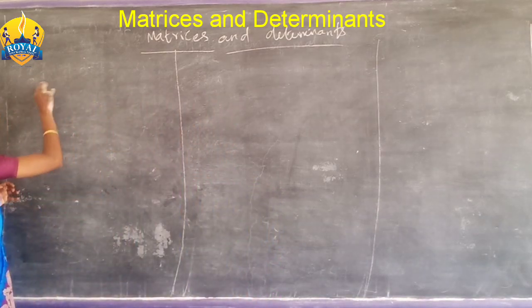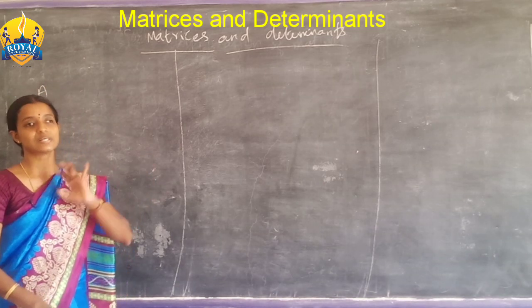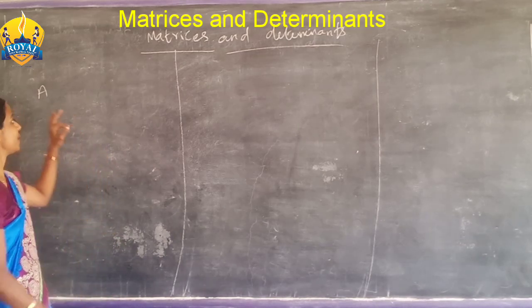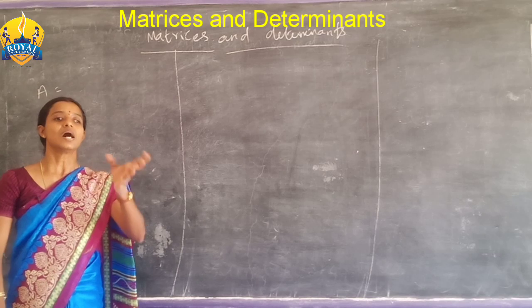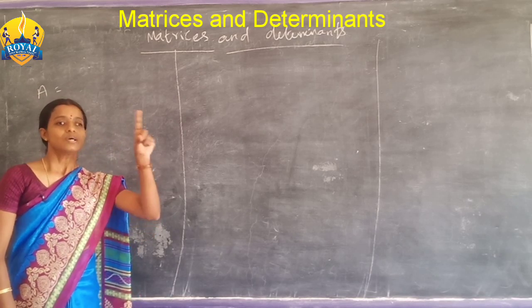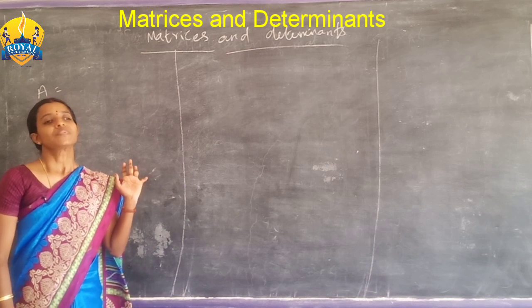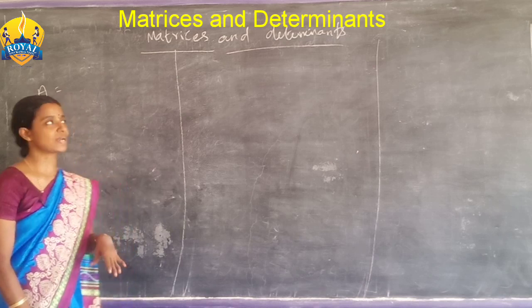The matrix is denoted only by capital letters A, B, C and so on. Now let us denote the matrix A equal to, and all the elements of a matrix are put only within a square bracket.